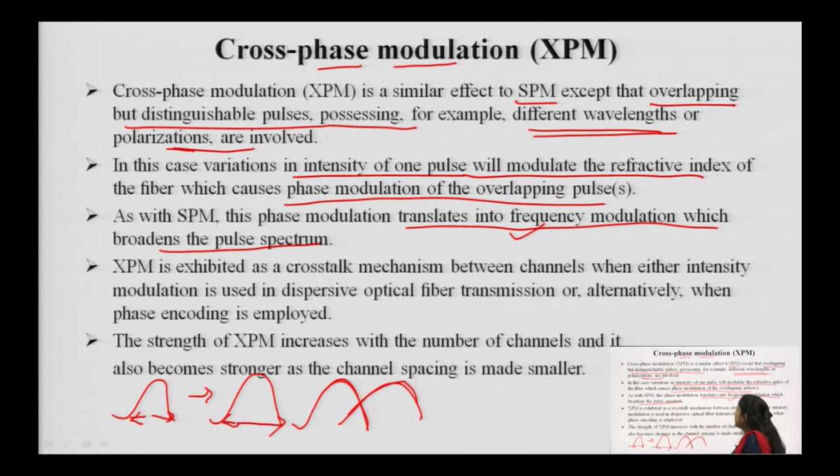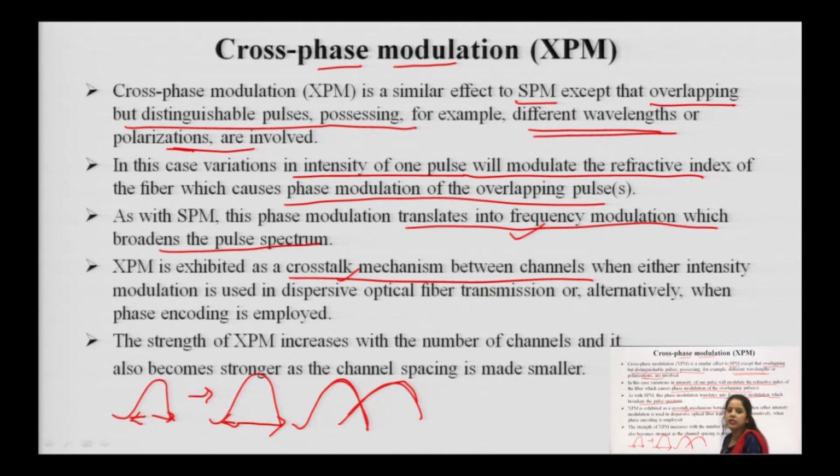XPM is exhibited as a crosstalk mechanism between the channels. Why is it called a crosstalk mechanism? Because here there exists an overlapping of different wavelengths of light. Whenever two different wavelengths or frequencies of signals overlap each other, their information is not distinguishable.